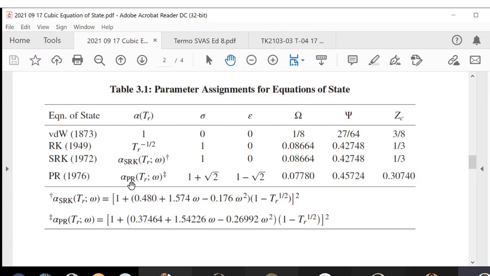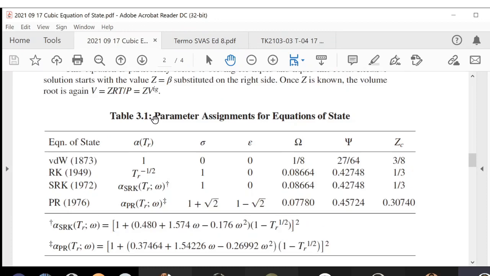How about if we use van der Waals? That alpha as a function of TR equals 1. How about if we use Redlich-Kwong? That alpha as a function of TR is just TR to the power of minus half. This is how to get alpha of TR.